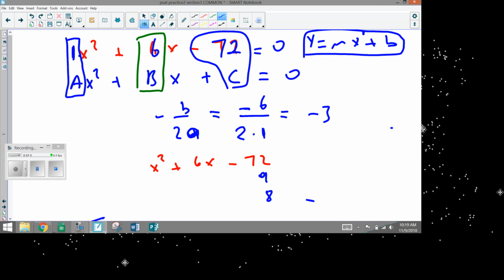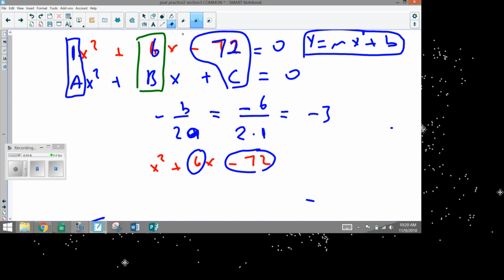My goal is that when I multiply two numbers I get negative 72, and when I add the two of them, I should get the number in the middle. I may get 72 when I multiply those two, but there's no way to get 6 when I add or subtract these two, correct? So I should change 9 and 8.